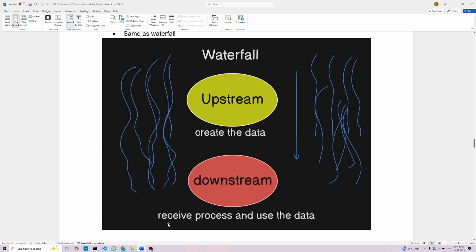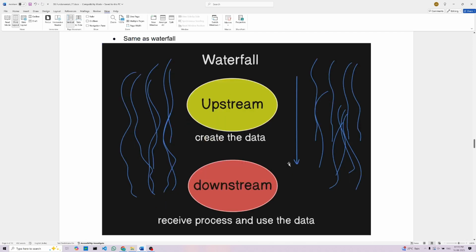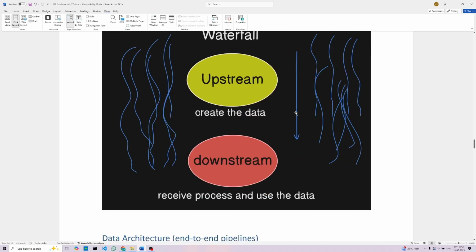What is downstream? It receives, processes and uses the data. It receives the water, processes it, and then we can use it, like users can use the data. So upstream and downstream is the same as a waterfall. Upstream creates the data, downstream receives, processes and uses the data, or you can say saves water.